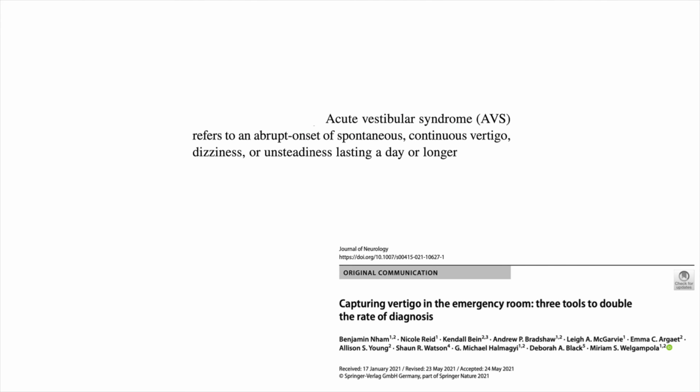And NAM used a very permissive definition of acute vestibular syndrome as a day or more of spontaneous, abrupt, continuous onset vertigo, dizziness, or unsteadiness. That's it. No other qualification. Which means that patients could be defined as having AVS when experiencing a day of persistent dizziness only. No need for nystagmus, or nausea or vomiting, or worse with head movement, or difficulty walking. I have a lot of issues with this definition, as we'll discuss later.